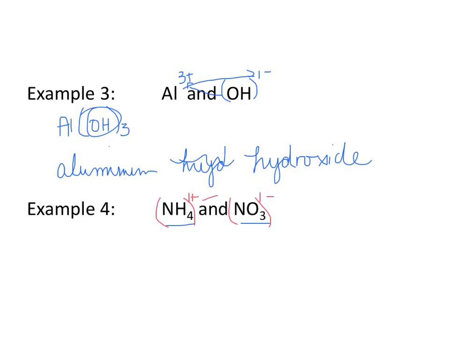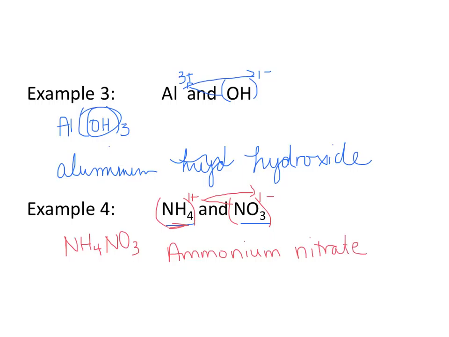So this is going to be NH4 1 and NO3 1. So really the formula is just rewriting those things all together as 1. The name of it, NH4, was ammonium, and NO3 was nitrate. And that's that compound.